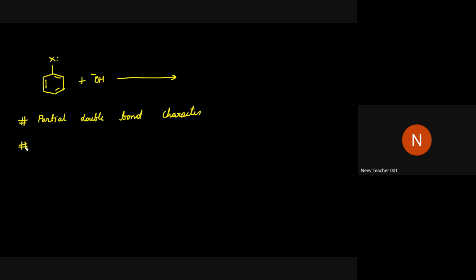So in electrophilic aromatic substitution, benzene used to give electrons, so it is electron rich. Benzene is an electron rich entity because there are six loosely held electrons revolving all around the benzene ring. So 6 electrons are making the benzene ring electron rich. So it is a bit nucleophilic. The benzene ring is a bit nucleophilic, and this OH minus is also nucleophilic. So can there be any reaction between two nucleophiles?